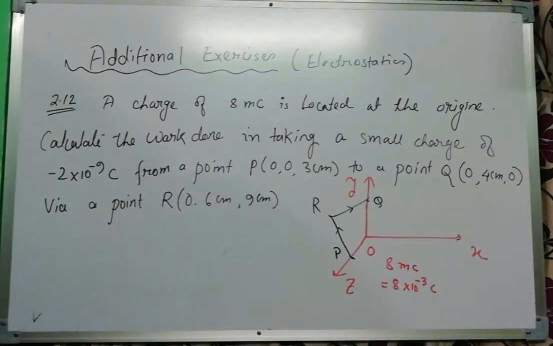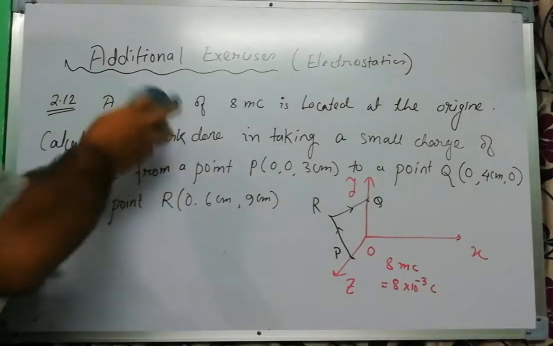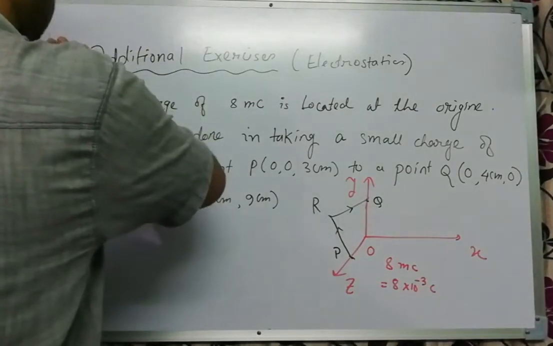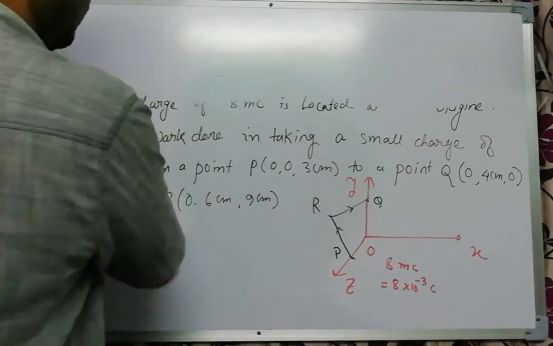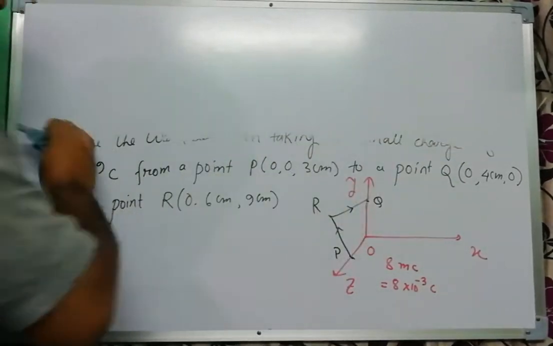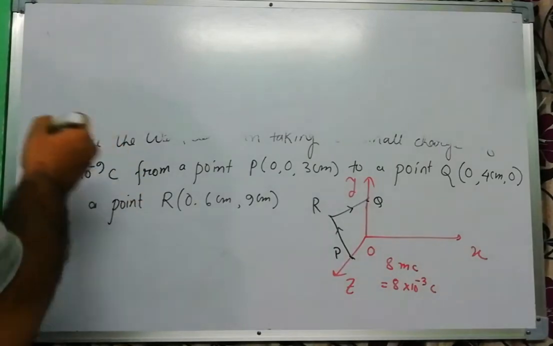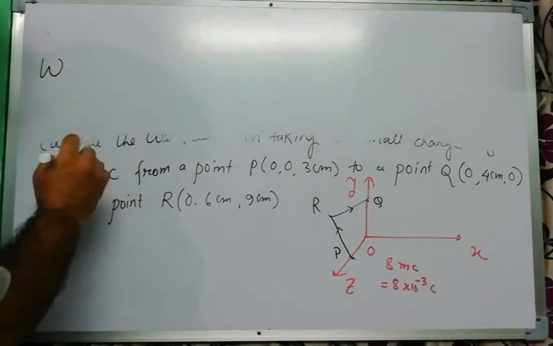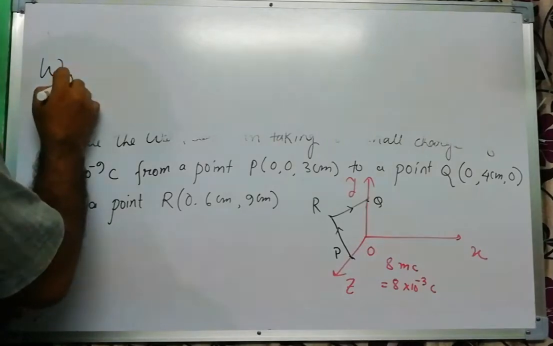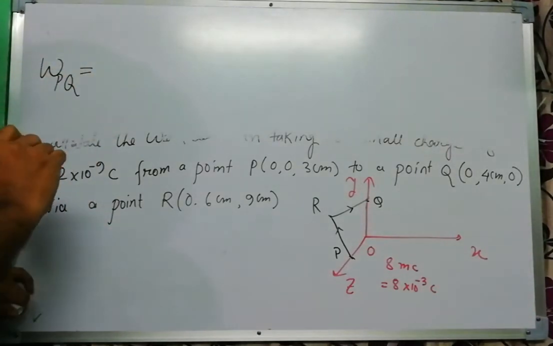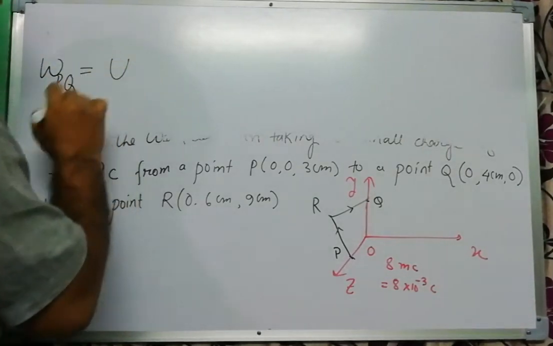So how are we going to solve it? Now we know that the work done from point P to Q is equal to the change in potential energy.